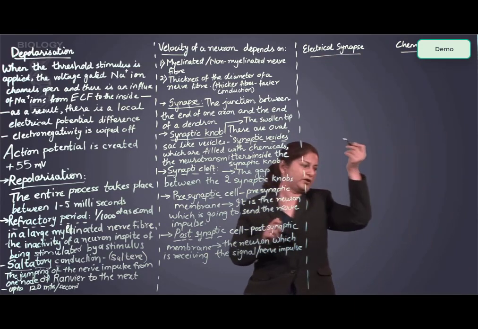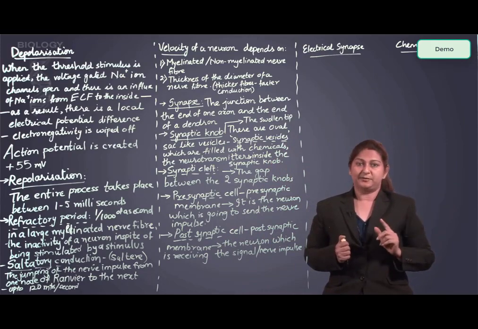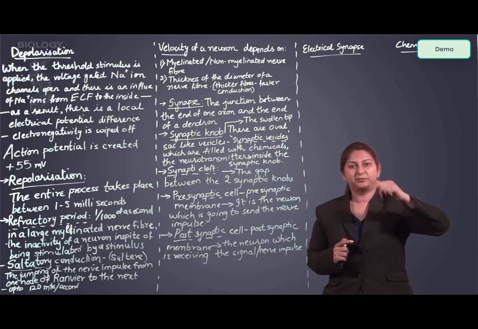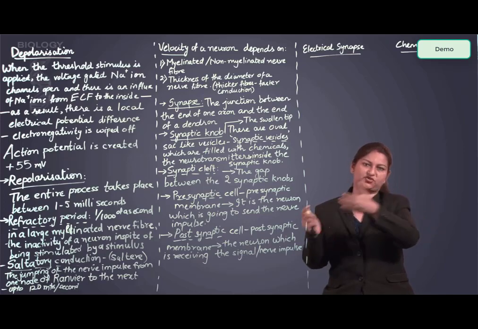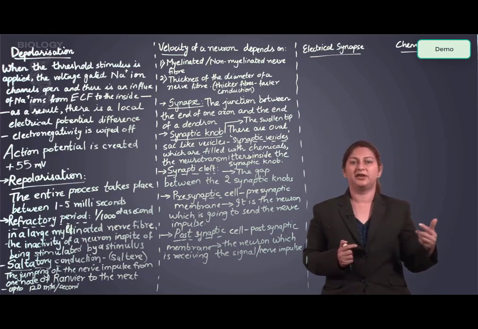Now what is the difference between them? The electrical synapse is brought about by the potential electrical difference, which is transmitted across and brings about the nerve impulse.